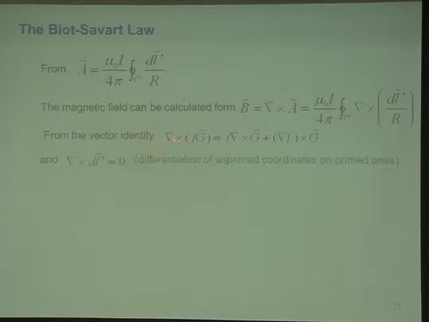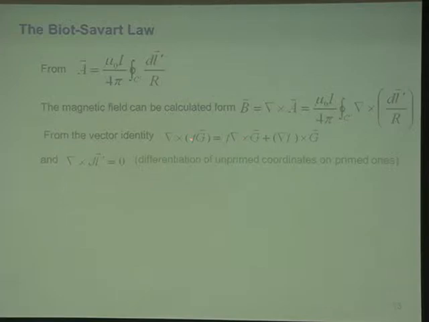Okay, so first pick up this vector identity. If you do the curl of a variable multiplied with a vector, then you can do differentiation by parts. First do a differentiation with respect to f, take the gradient of this, and then do a cross product with g. And then you have a second term, you leave this f outside the operator, and then multiply f with the curl of g.